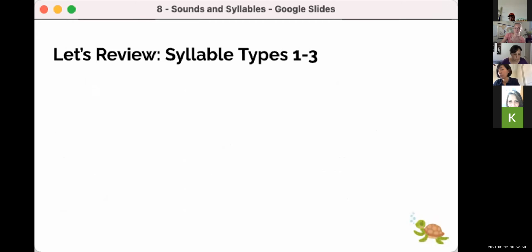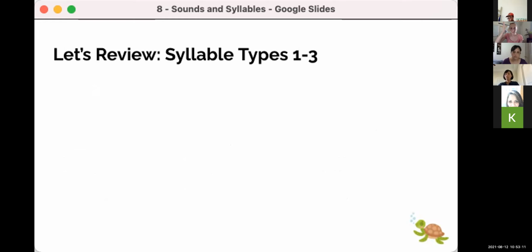I think at this point, you guys are pretty familiar with our syllable types. We have talked about them many, many times before. There are six of them total that we're learning in this class. These are common patterns that we see syllables make.